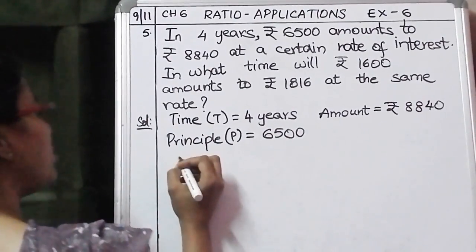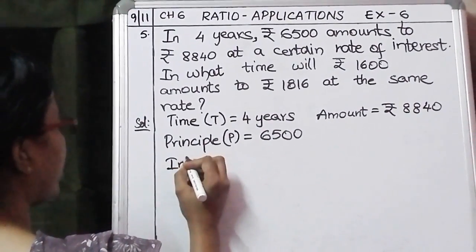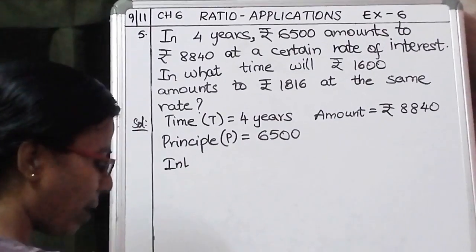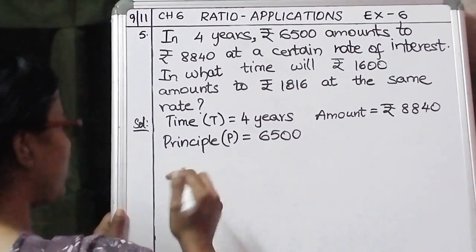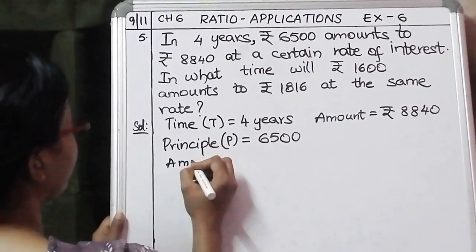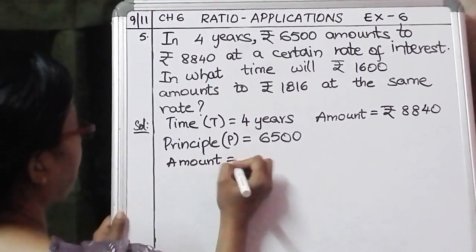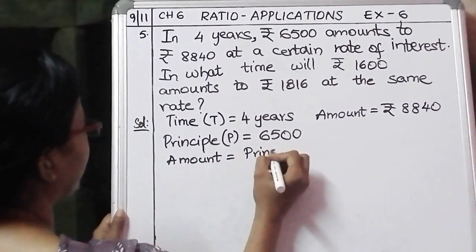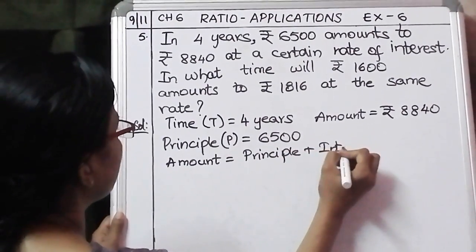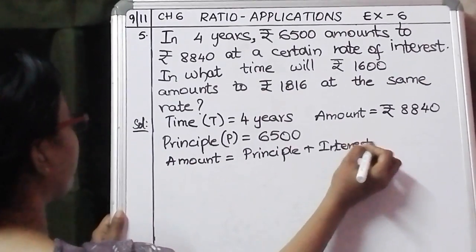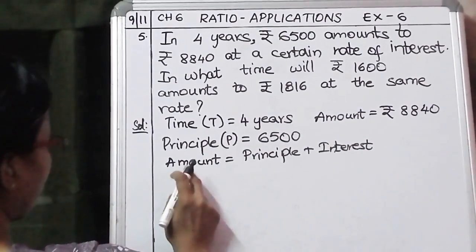So let us use the formula to find out the amount. Amount is equal to principal plus interest. This is the formula you know already. So let us substitute the values.